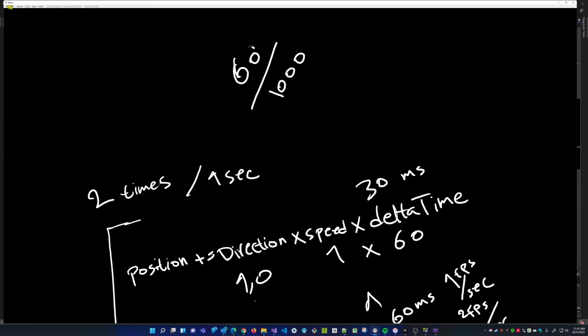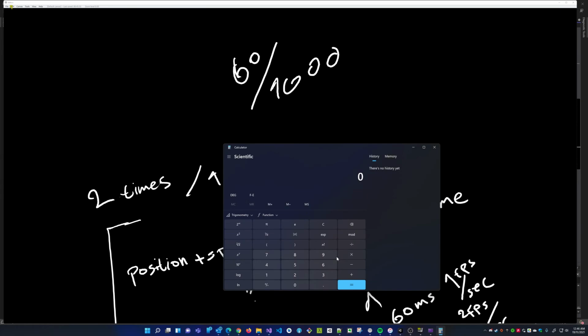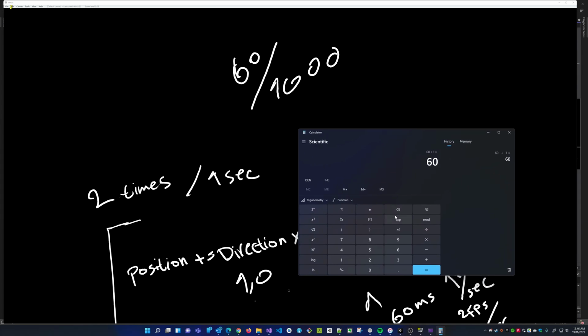So I want to check what is 60 frames in 1 second? I'm doing it in milliseconds. If I want to get it in seconds, I just do 1 divided by 1. If I want to do it in milliseconds, I divide by 1,000. So if I do the math here, 60 divided by 1, I get 60, right?